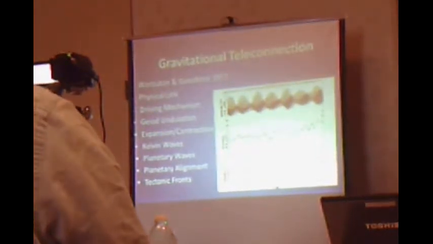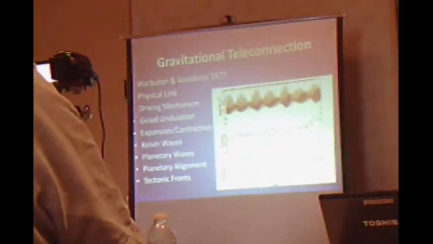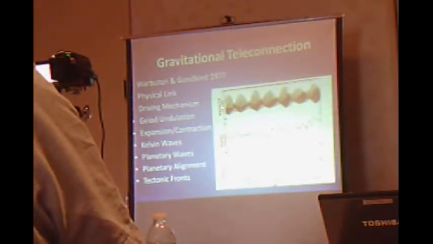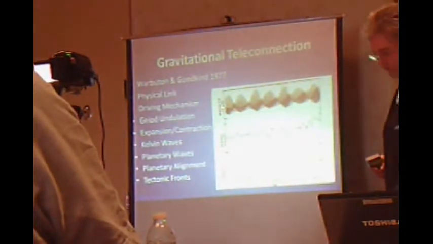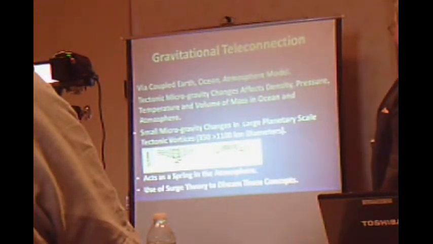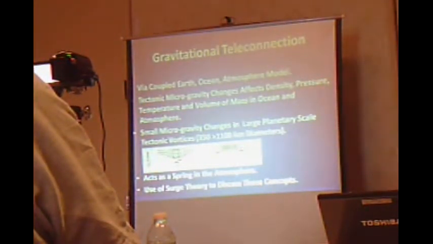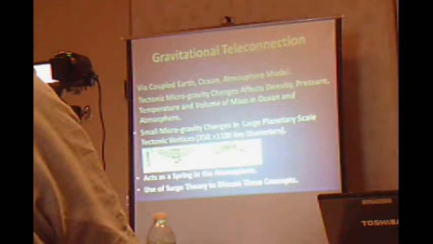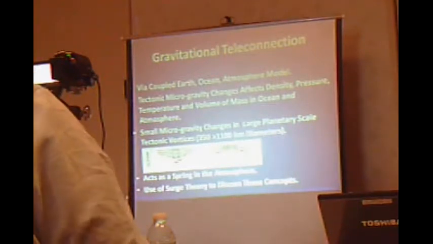And they quantify this effect. I don't see the numbers here, but it's about 0.3 microgals per millibar. Very small. The pressure change across the basin for an ENSO, an El Nino Southern Oscillation pressure oscillator, is only about 6 millibars.